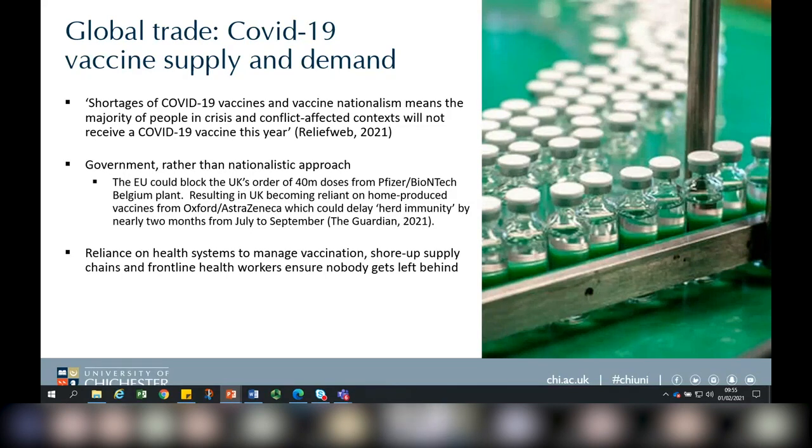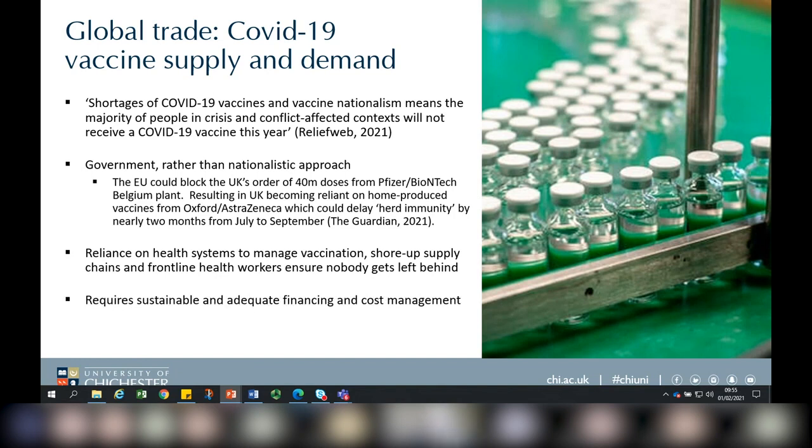So we need to make sure that health systems are robust enough to manage the vaccination of millions of people, get enough supplies in, and target frontline health workers to ensure they're fully vaccinated, but also that they understand who in the community needs to have those vaccinations, so some people don't get left behind.